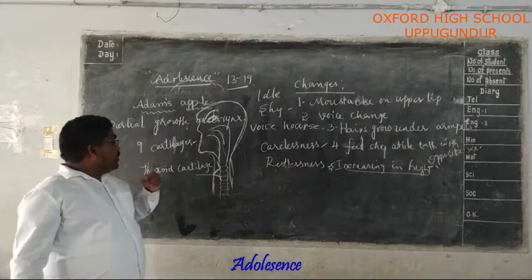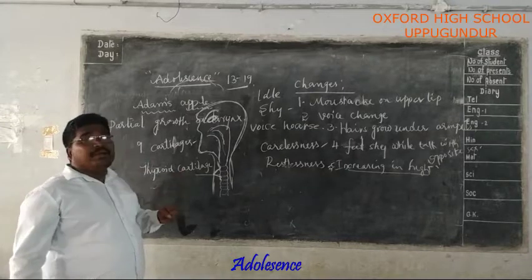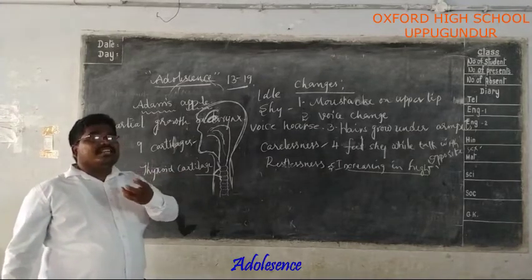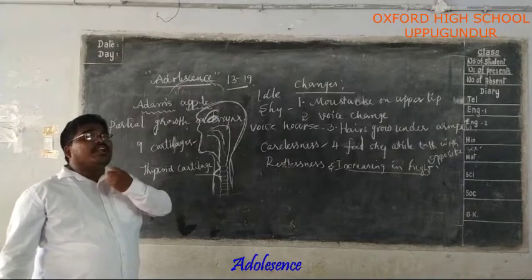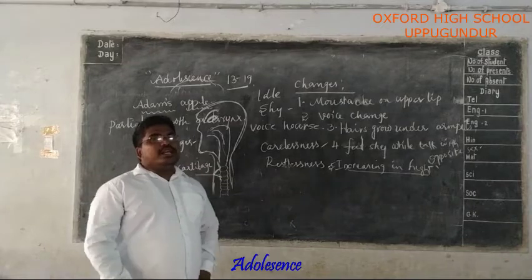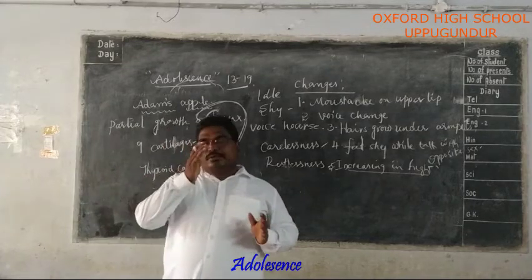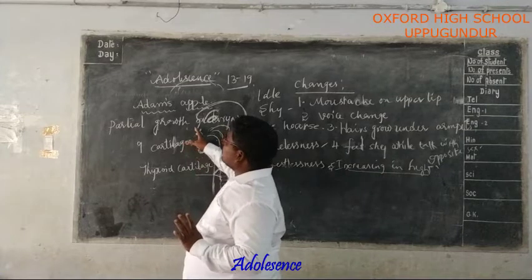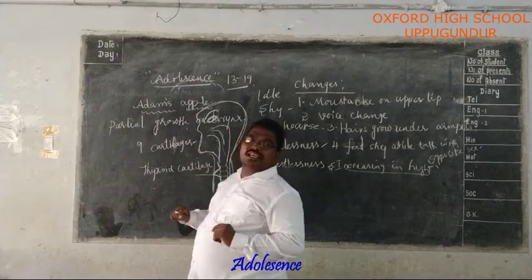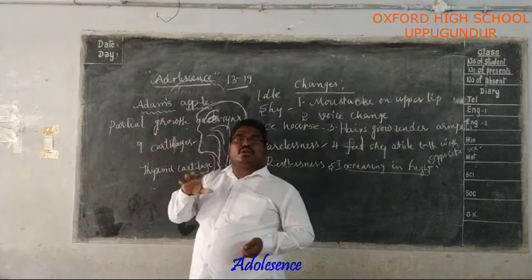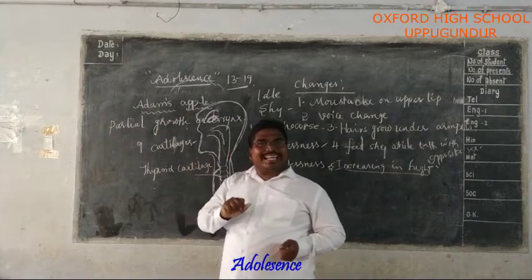What happens when the thyroid cartilage elongates? It elongates and protrudes out in front of the neck. Listen carefully. Adam's apple is formed due to the thyroid cartilage.